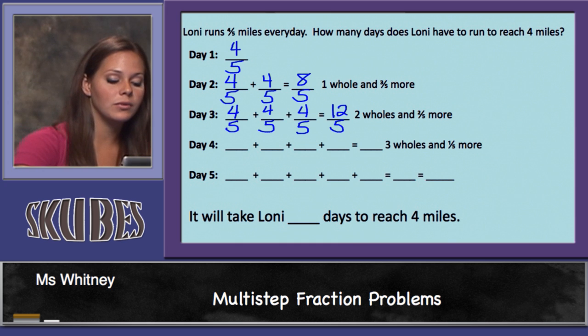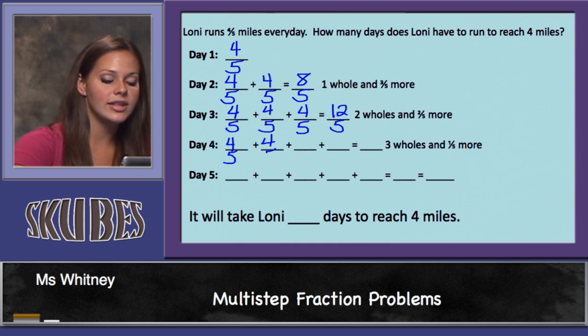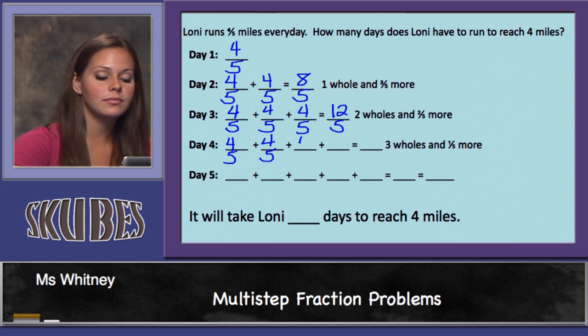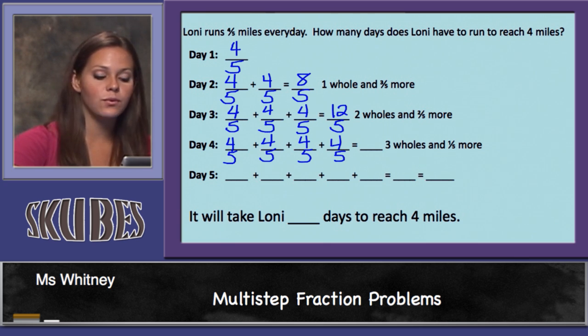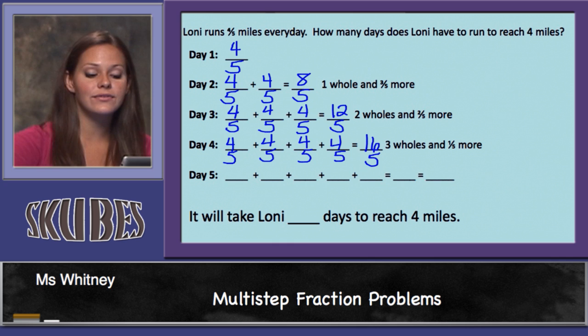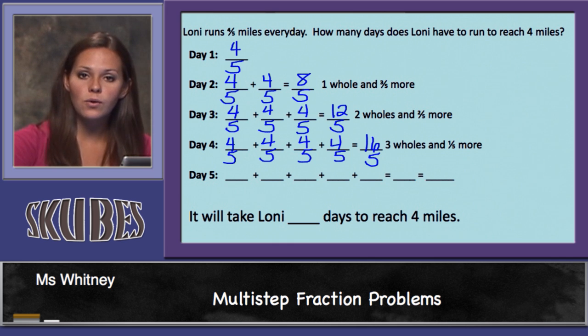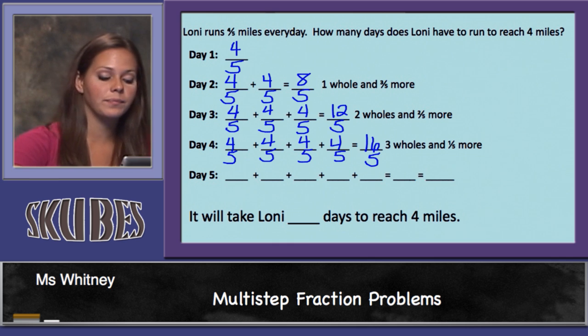On day 4, we'll add 4/5 from day 1, plus 4/5 from day 2, plus 4/5 from day 3, plus another 4/5 that she'll run on day 4. We'll add our numerators, 4 plus 4 plus 4 plus 4, and we get 16/5. That's 3 wholes and 1/5 more.